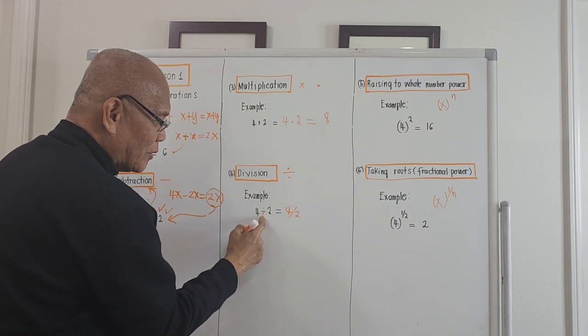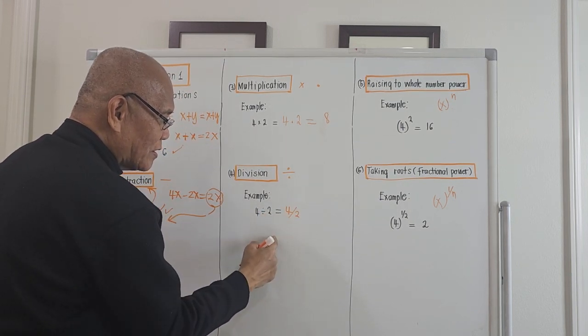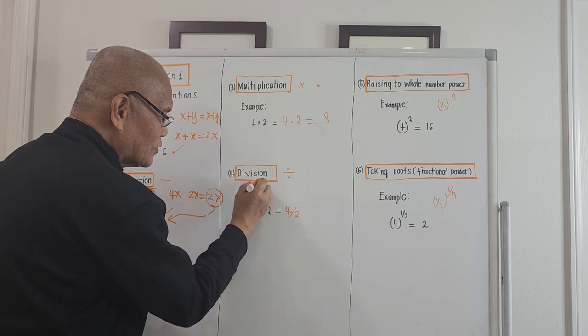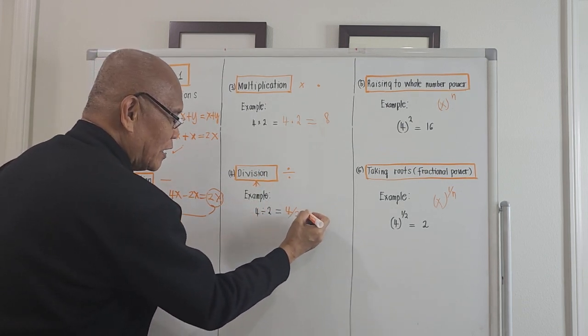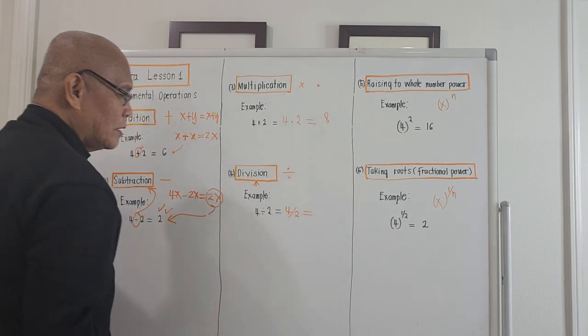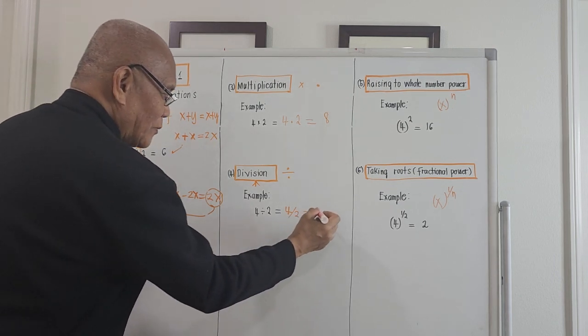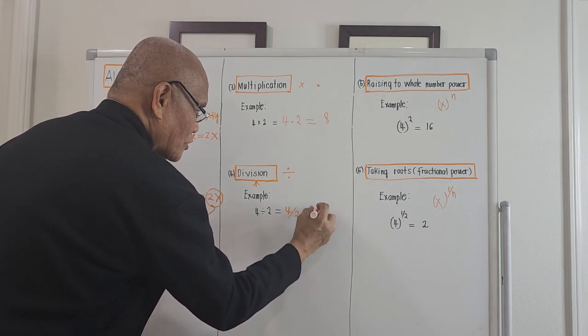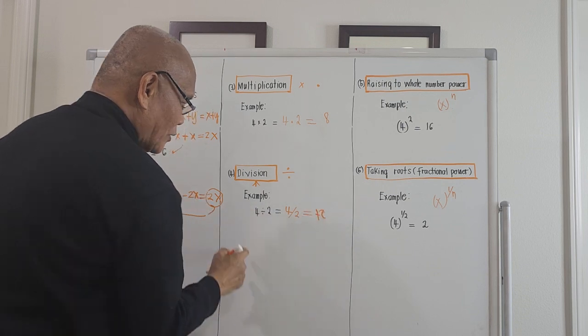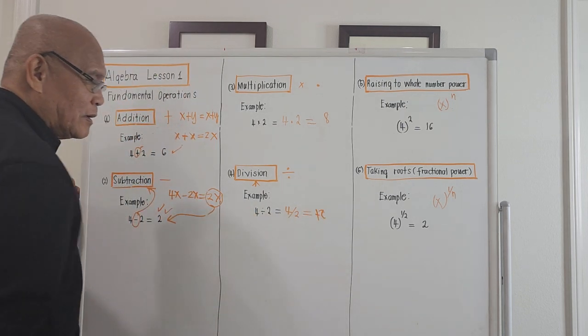So this symbol or this slash here represents division, right? And what will be the value? 4 divided by 2 will be 2. Of course, it's a plus 2, because this is plus and a plus.